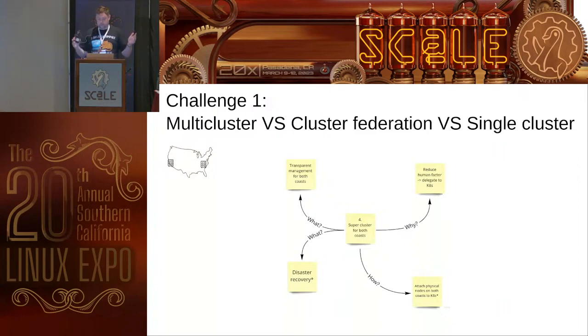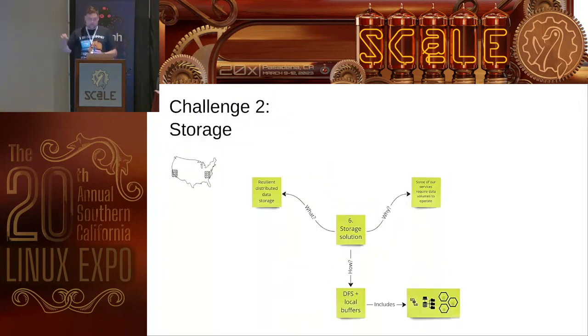Single cluster means that, okay, we have nodes on the west, we have nodes on the east, and then using internal Kubernetes tools, if a request comes to the east, we try to stick to the east nodes, otherwise to the west. But in the end, due to some circumstances, we had to stay with a multi-cluster solution, which basically uses a dedicated cluster per coast, per data center.